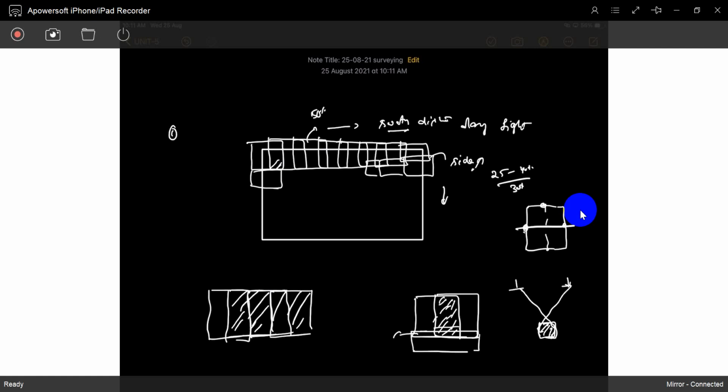So that's why we consider it as 60%. Exact 50% we can't take, because it's a flight, so we can't take it. So at least 60% we require. Overlapping, okay, understood? At least 60%.